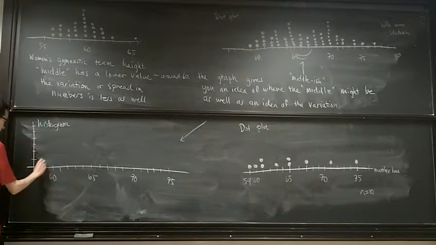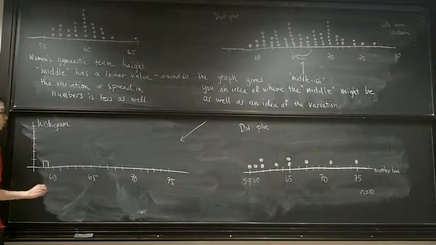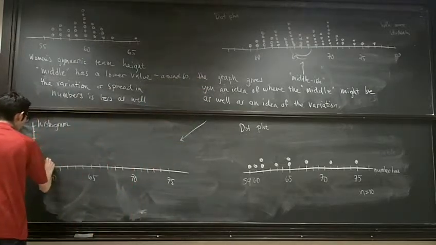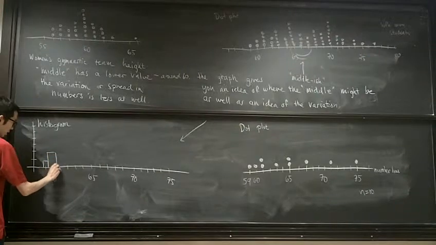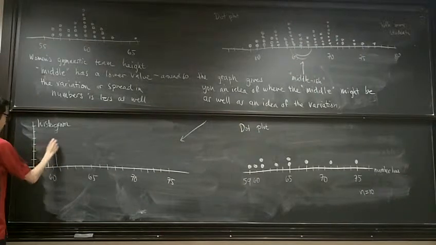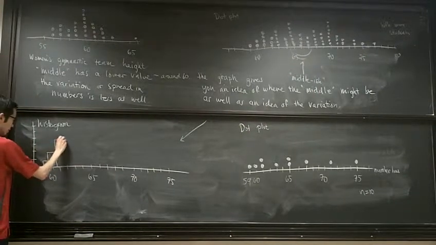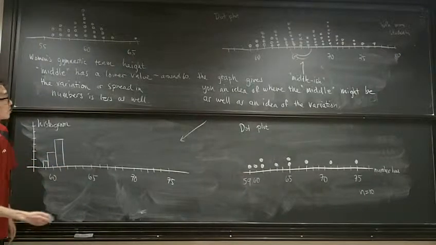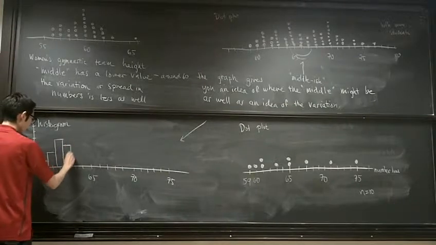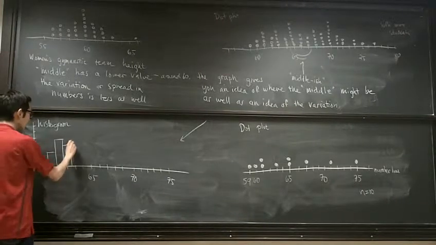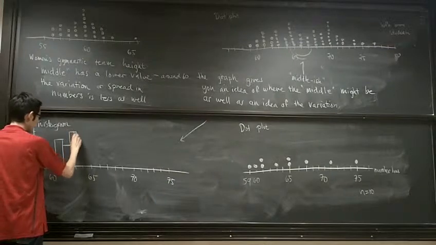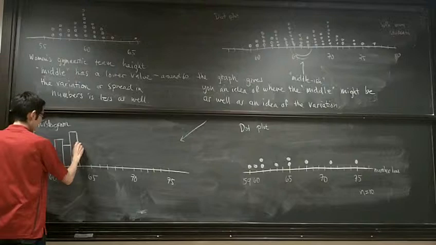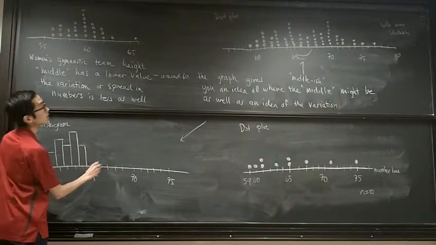At 59, I had one individual, and at 60, I had two. So this goes up to the second line, and at 61, there were 4 people. So this goes here, and at 62, there were 3, and so on, and this goes on and on, and you fill out the rest of the bar.